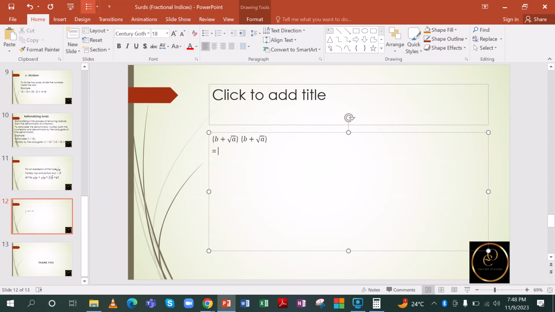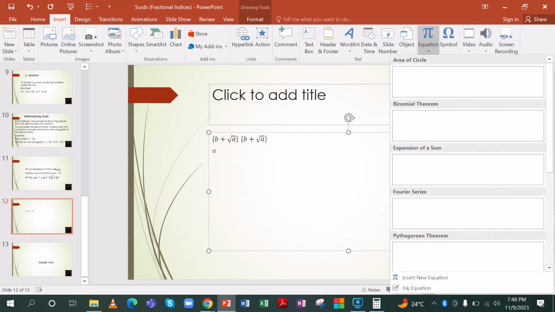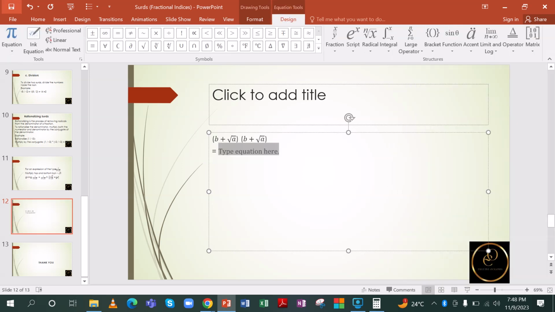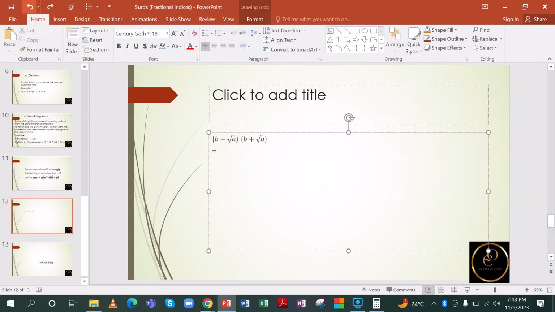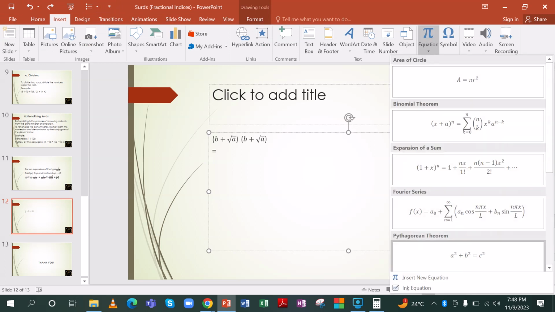Set symbol. New equation. Or maybe I use this one. Just a minute. Set equation. Let me get this one.